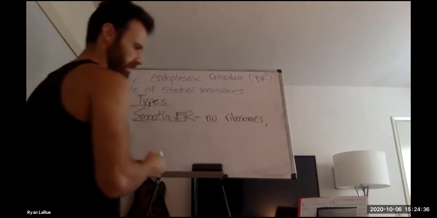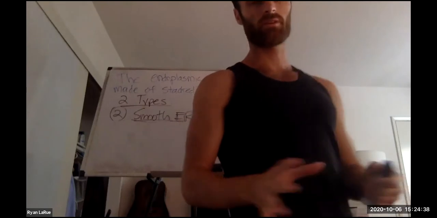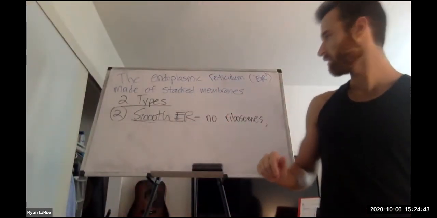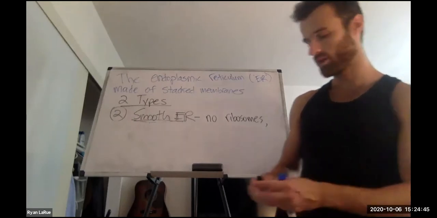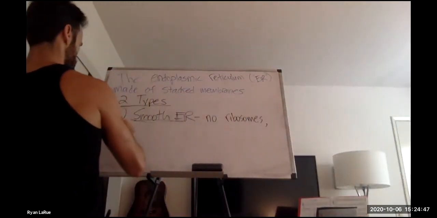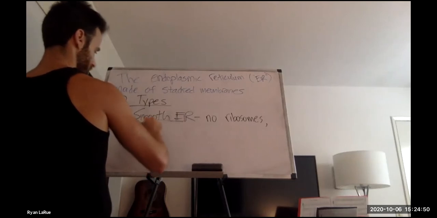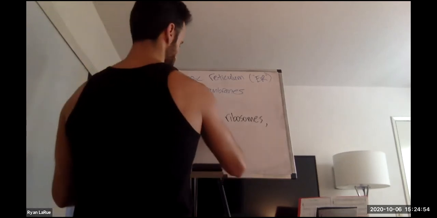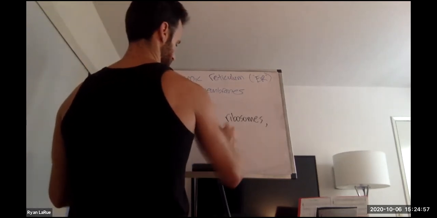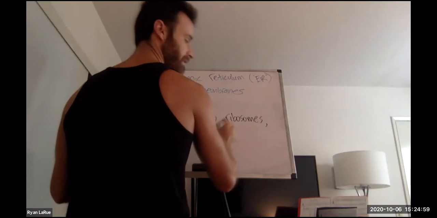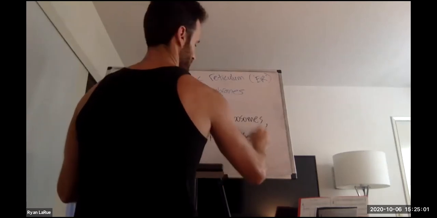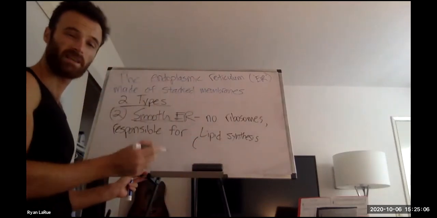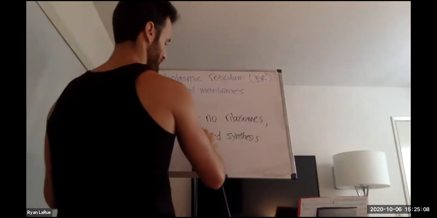And interestingly enough, the smooth ER has a few functions to it. So let's write responsible for, first being lipid synthesis. A couple examples would be steroid hormones like testosterone and estrogen.